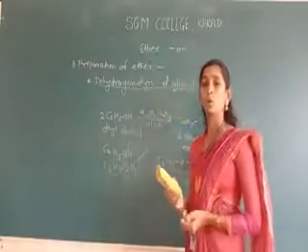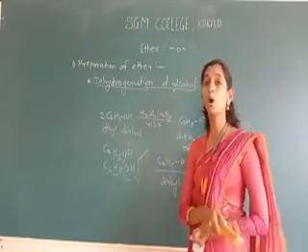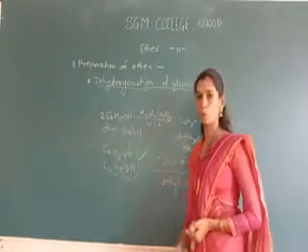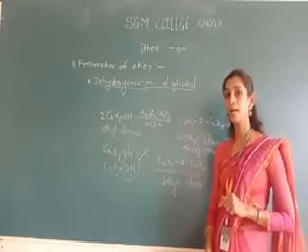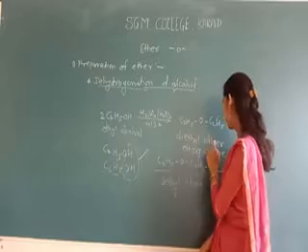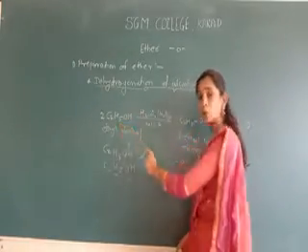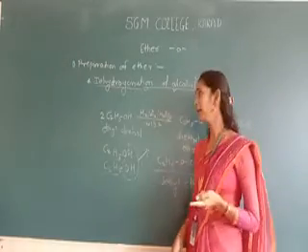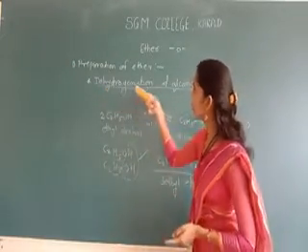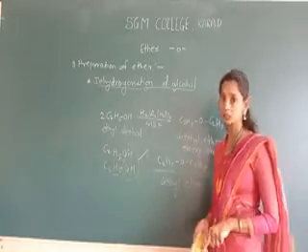Now, if we are taking one molecule of this ethyl alcohol, we can't get this ether. That one molecule of ethyl alcohol undergoes dehydrogenation and produces ethene.